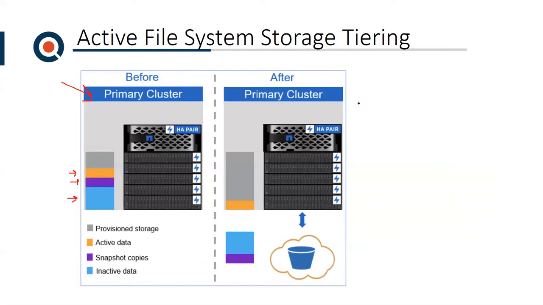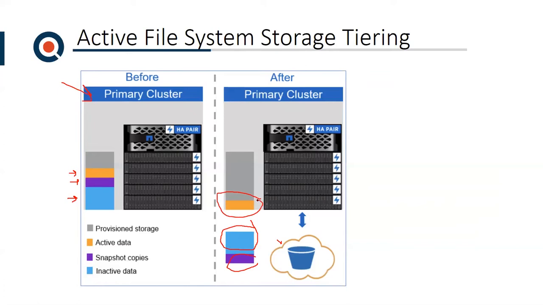And then with active file system, notice the blue, which is the inactive data, as well as the snapshot data, is getting copied to that bucket. It looks like a little bucket over here, right? So it's getting copied over to that bucket, whether that bucket's AWS, Azure, or StorageGRID, or it's getting moved over to that bucket.